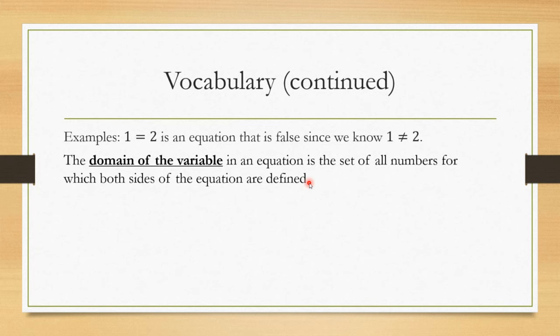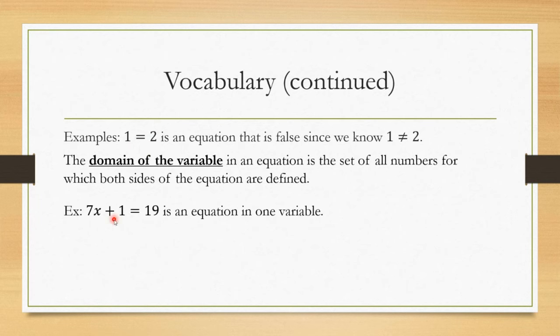So for instance, if you went back to 1 equals 2, the domain of this would be all numbers, because 1 and 2 are both defined no matter what your input is.